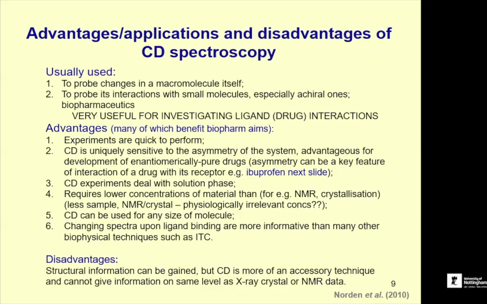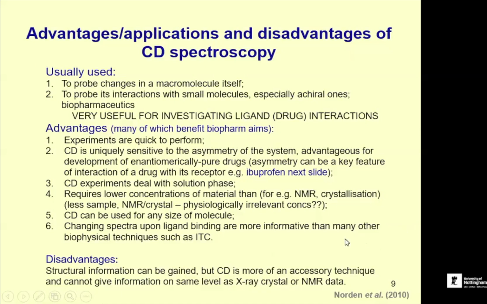So isothermal titration calorimetry, ITC, will give you a KD value for the binding strength interactions between two molecules through the absorption of heat or the evolution of heat from the reaction of interacting. That tells you something about the strength of the interactions.